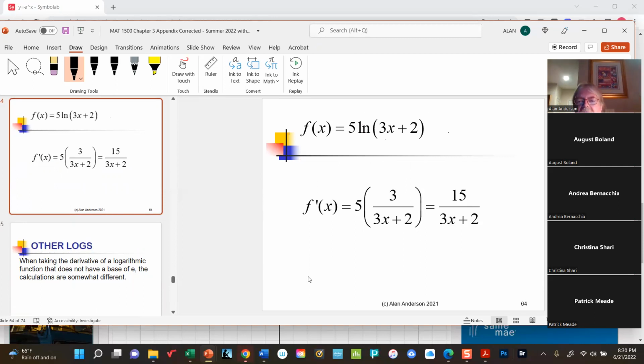So if we think of this as our g of x, by the way, we can just keep the 5 out here. We don't really need to use the product rule here because the 5 is a constant. It'll just multiply by whatever derivative we get here. So g prime of x is simply 3.